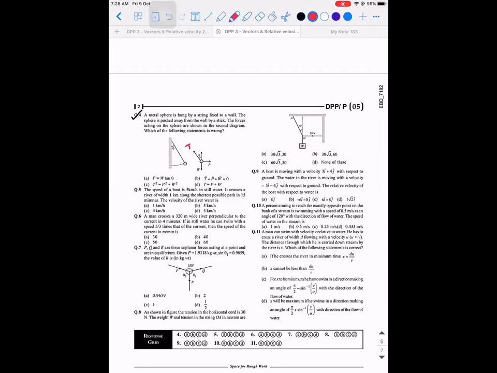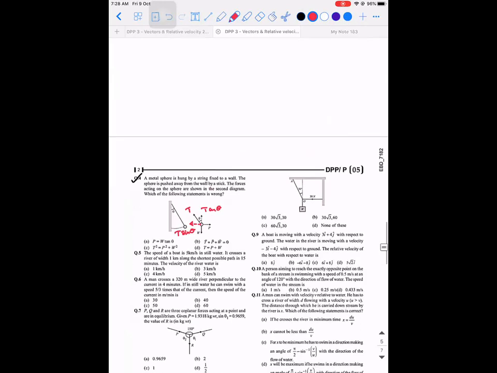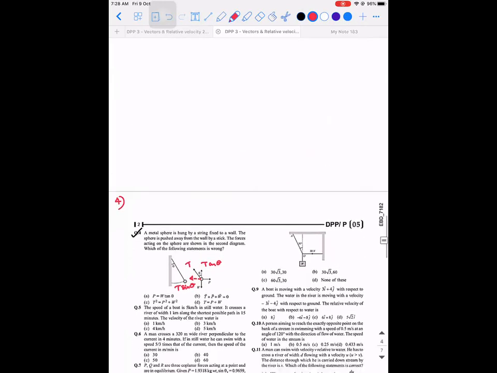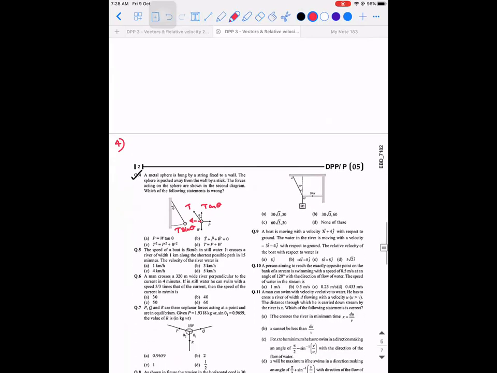When you resolve it, the upward force will be T cos theta, and the leftward horizontal force will be T sin theta. Since it is under balance condition, T cos theta will be equal to W and T sin theta will be equal to P. Accepted?